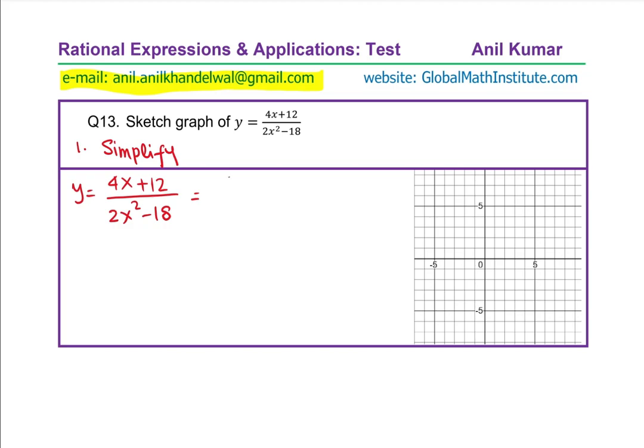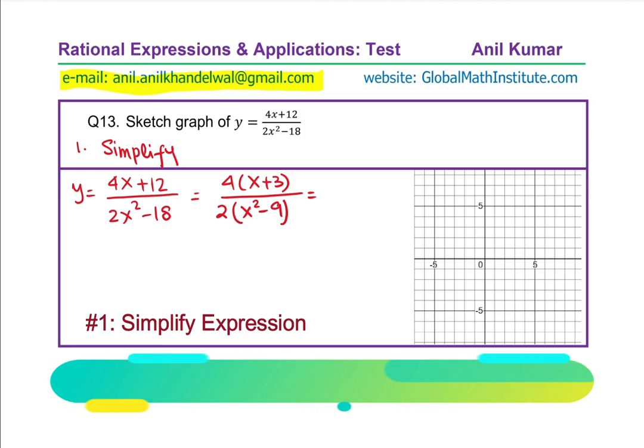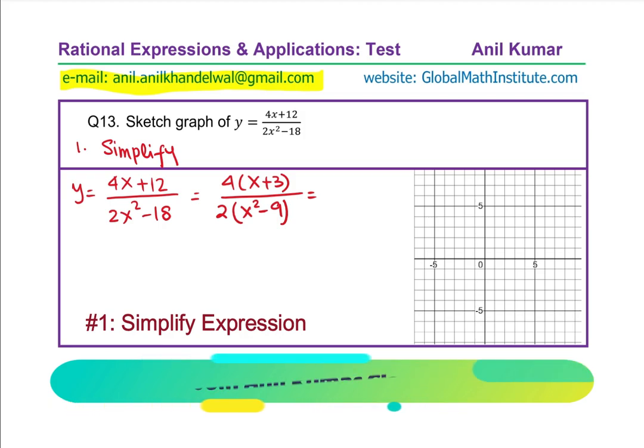In the numerator 4 is common, correct? And we get x plus 3 in the numerator. In the denominator, 2 is common, and what we get here is x squared minus 9. Now, x squared minus 9 can also be factored as a sum and difference product, correct? At this stage, we could simplify the numbers at least, so we get 2 here.